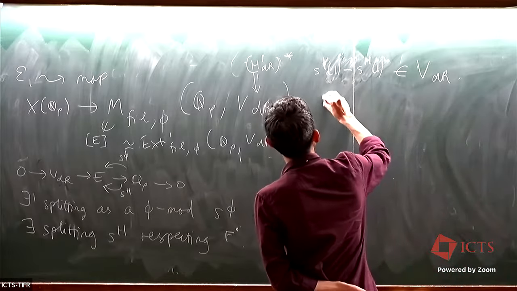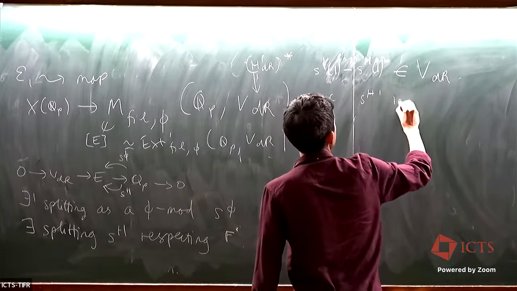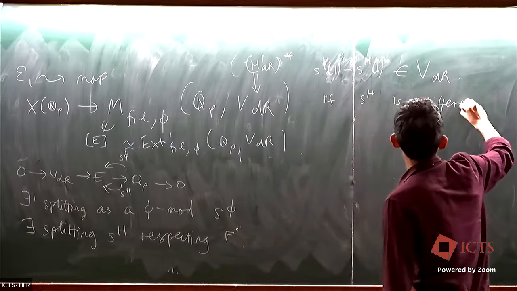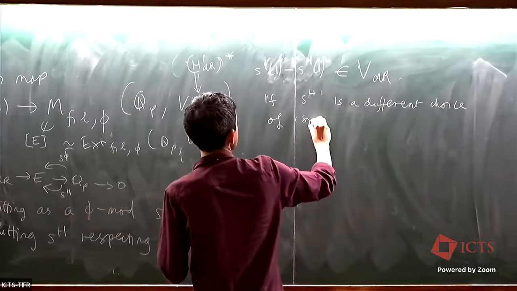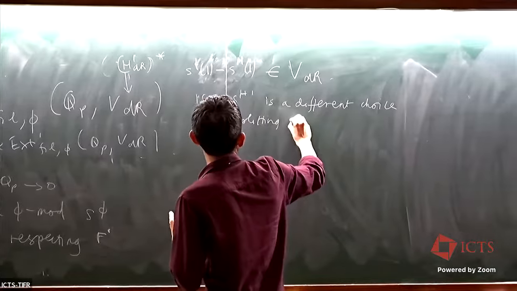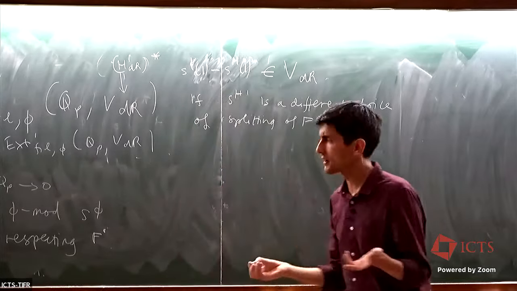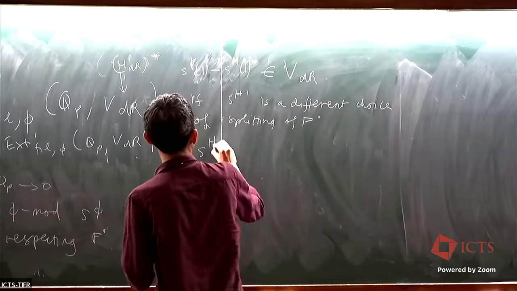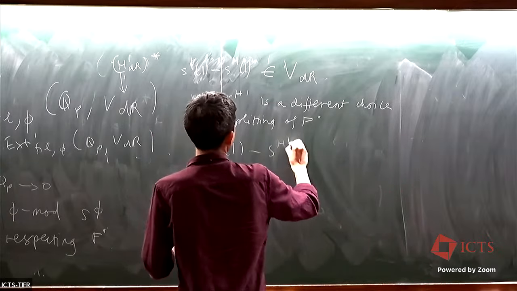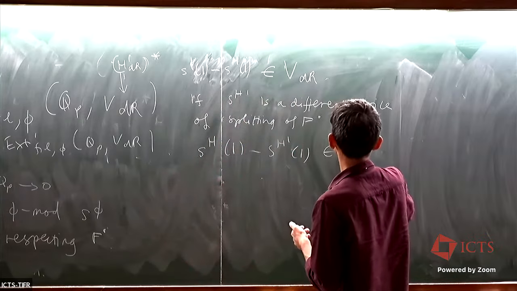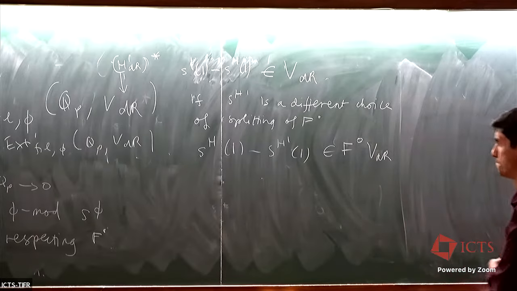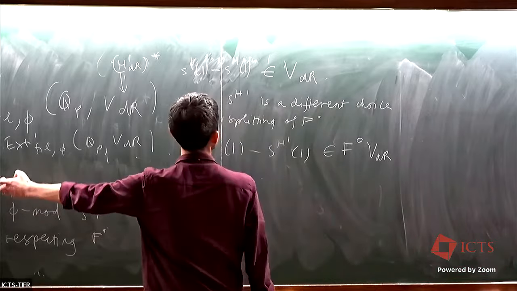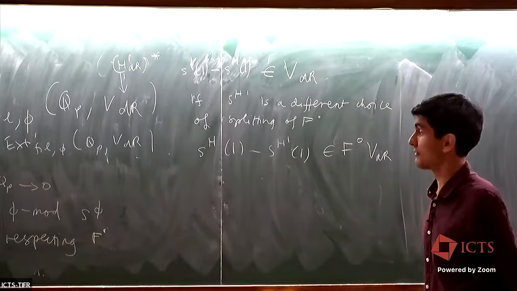But if SH prime is a different choice, then SH of 1 minus SH prime of 1 is going to define an element of F0 of V de Rham, because they have to agree in Qp, they're both just 1, and then they both have to lie in F0.